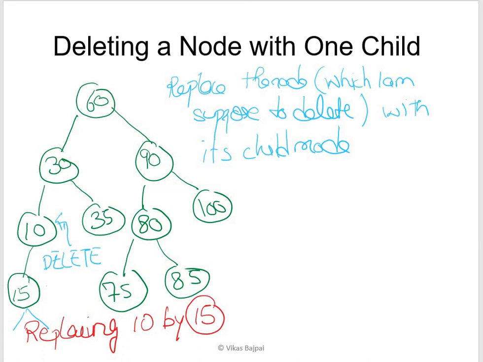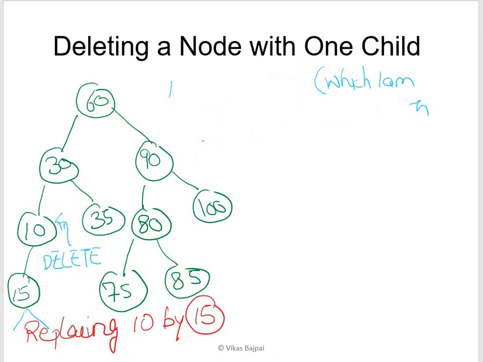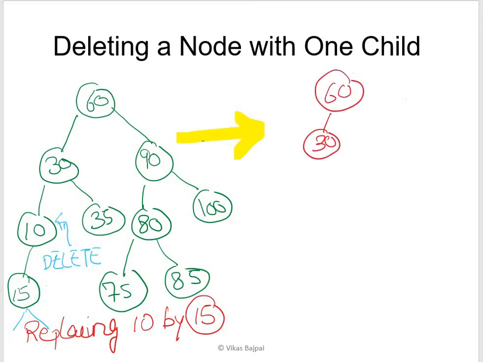So let's quickly see how my new tree is going to look post deletion of a node. So 60 remains intact, your 30 remains intact, this side your 90 remains intact.